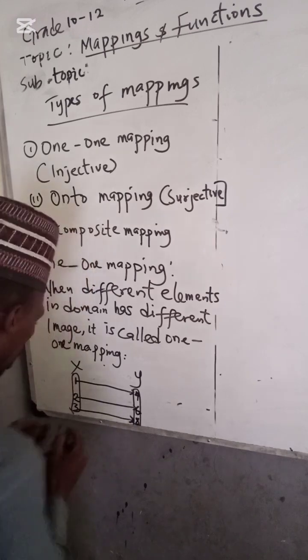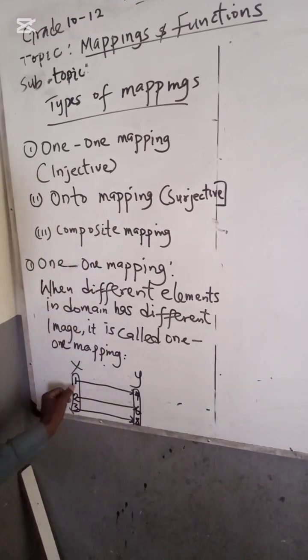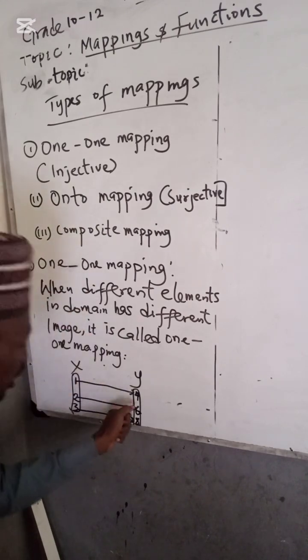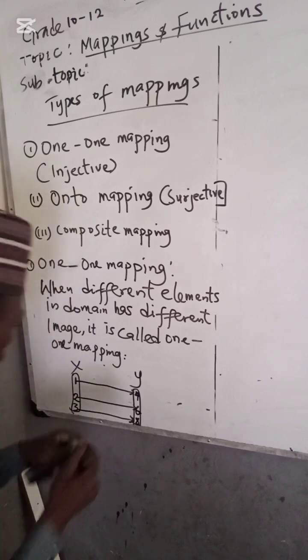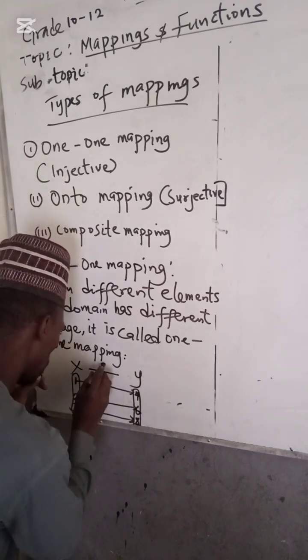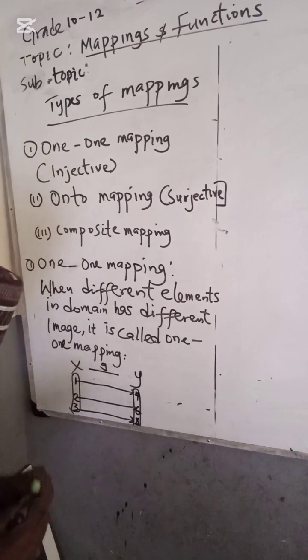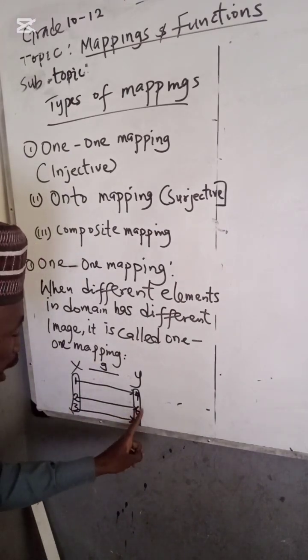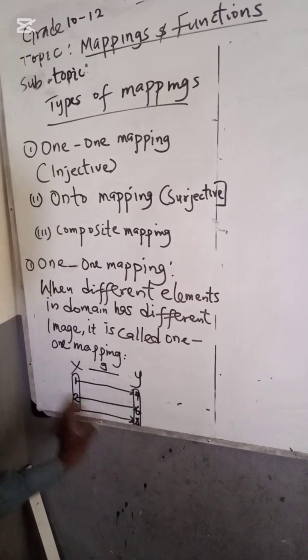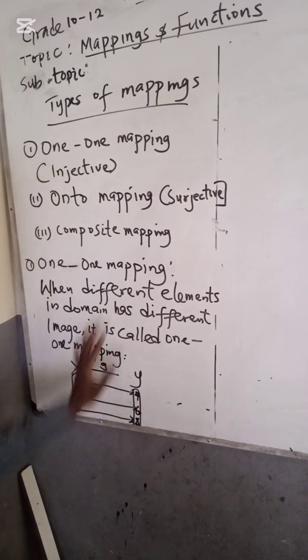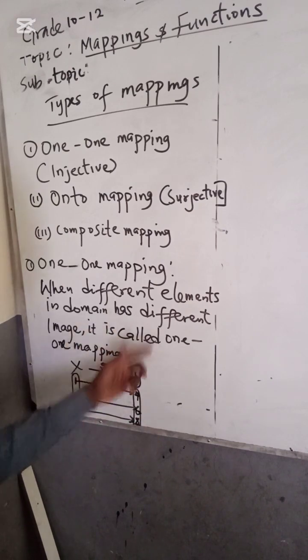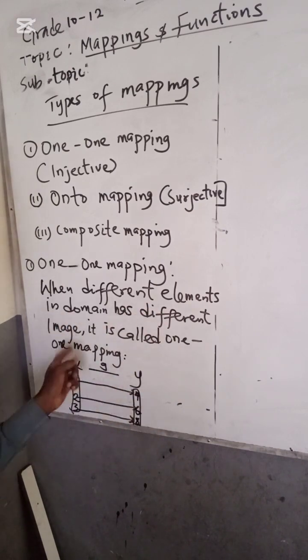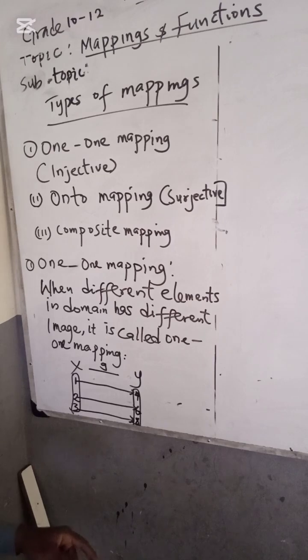You can see that one element here in the domain has a different image in the codomain. Let's say we have relation G. Element 2 in the domain has an image 6 in the codomain. You can see different elements in the domain have different images in the codomain.